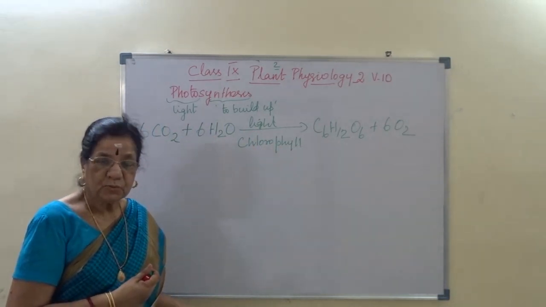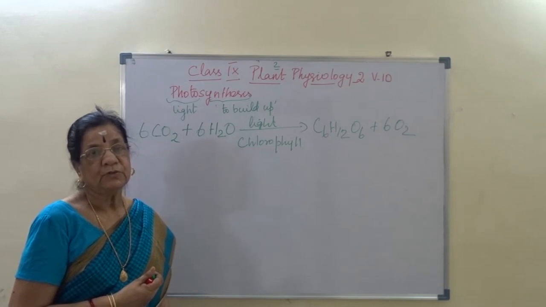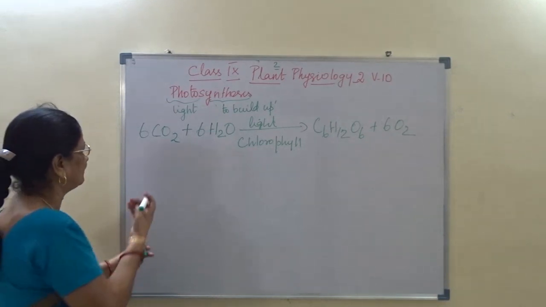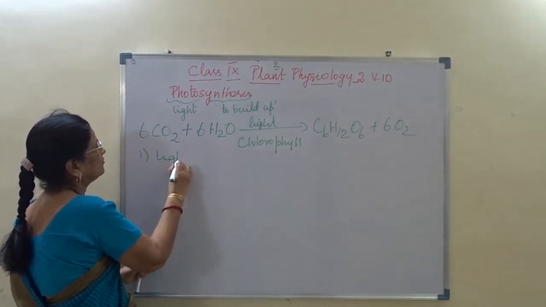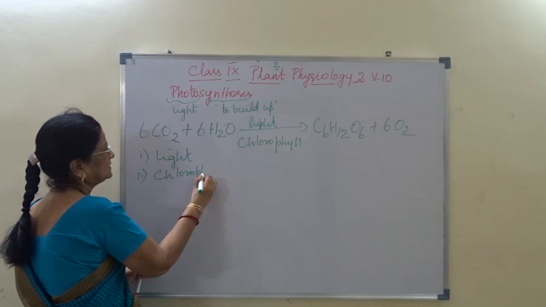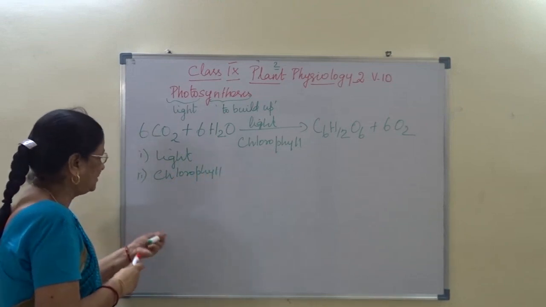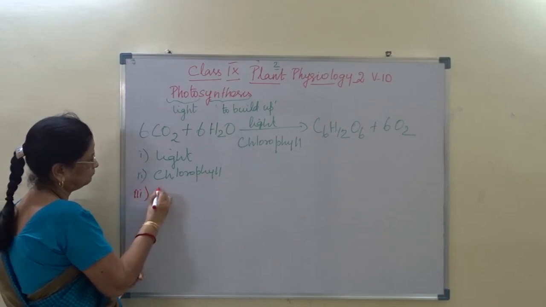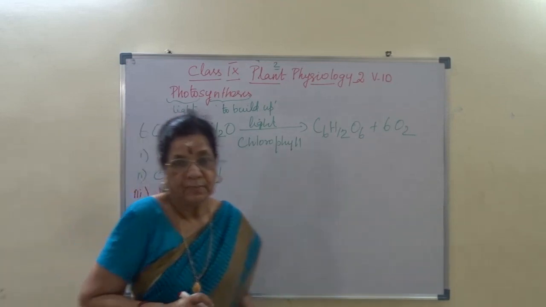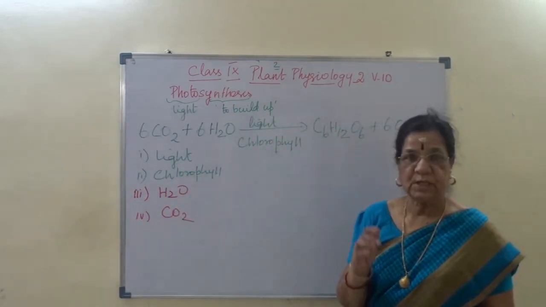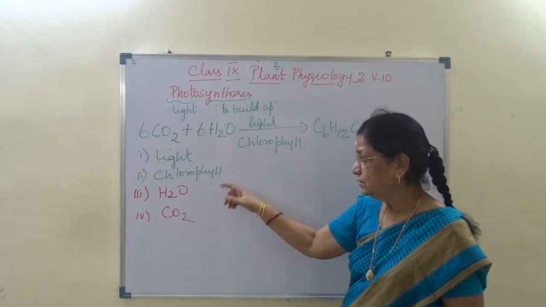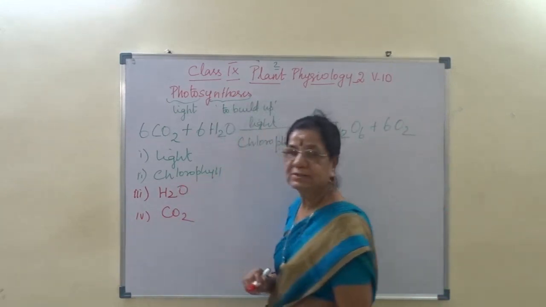For photosynthesis to occur, we need 4 things. First, light. Second, chlorophyll. Third, water. Fourth, carbon dioxide. I repeat, we need light, chlorophyll, water and carbon dioxide.